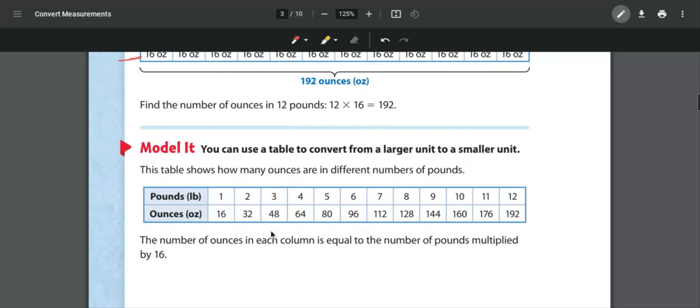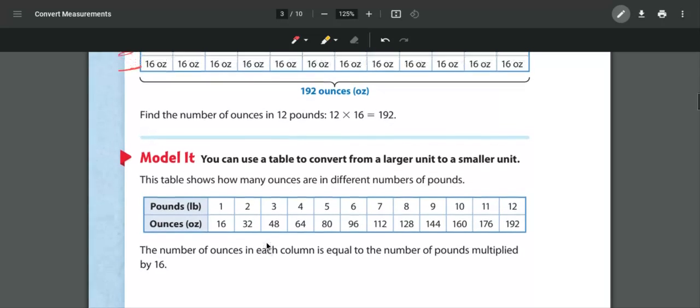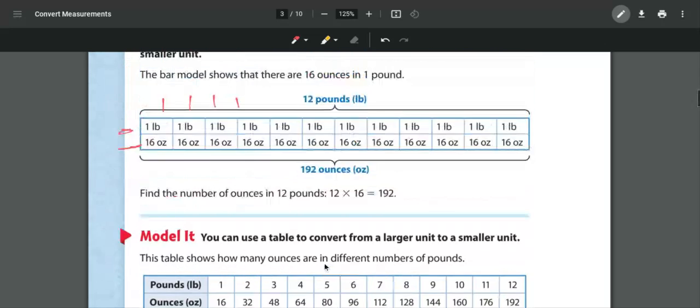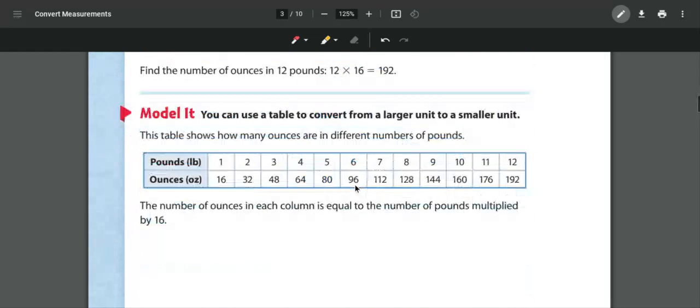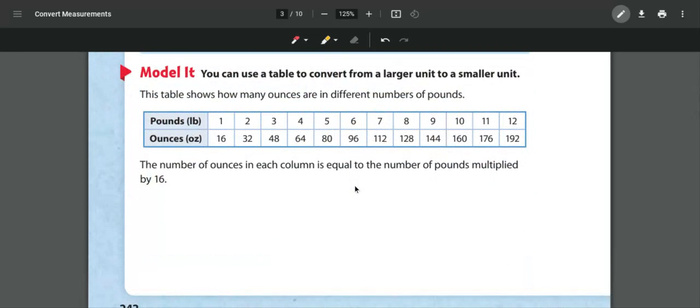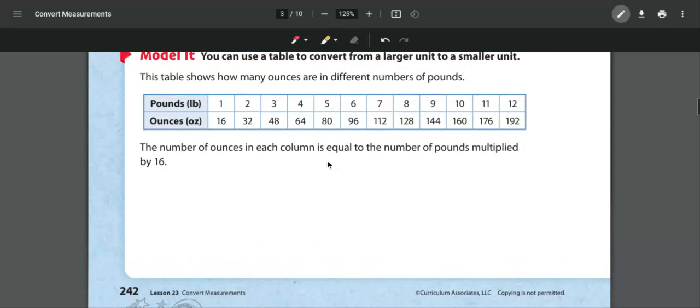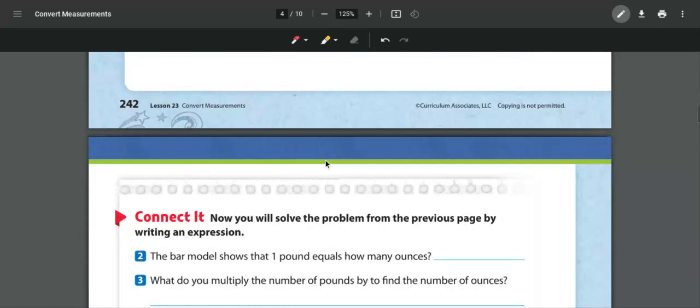So the number of ounces in each column is equal to the number of pounds multiplied by 16. So this is a shortened version of this. Okay? Sort of. Yeah. All right.